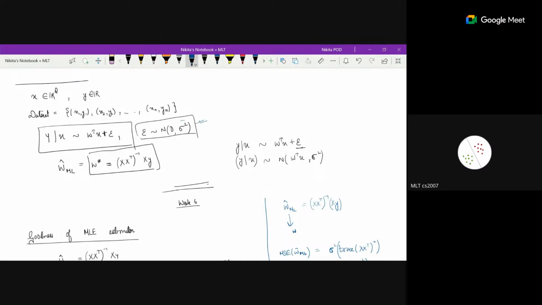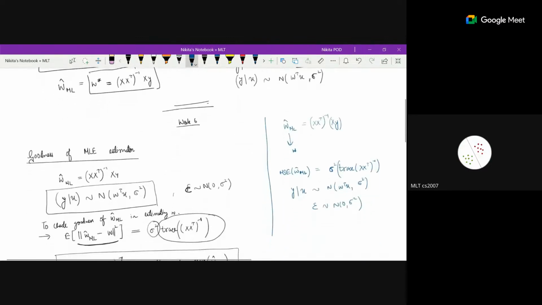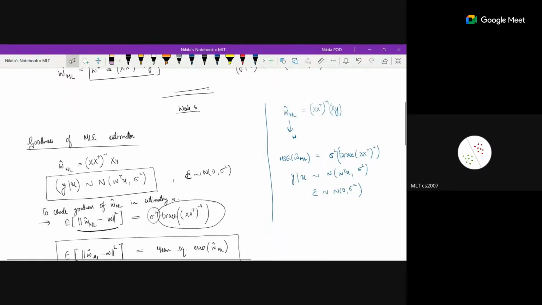So sigma square is something we don't have any control over, correct? Yes, it is the noise in the data. If it is noise in the data, we can't do anything about sigma square, but we still have this trace term which we can try to reduce, right?